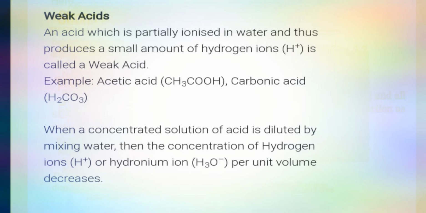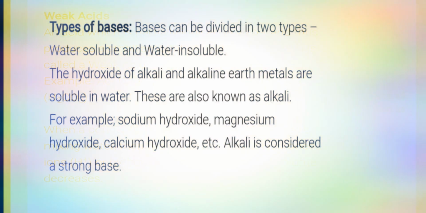An acid which is partially ionized in water and thus produces a small amount of hydrogen ions is called a weak acid. Examples: acetic acid, carbonic acid, etc. When a concentrated solution of acid is diluted by mixing water, the concentration of hydrogen ions or hydronium ions per unit volume decreases.